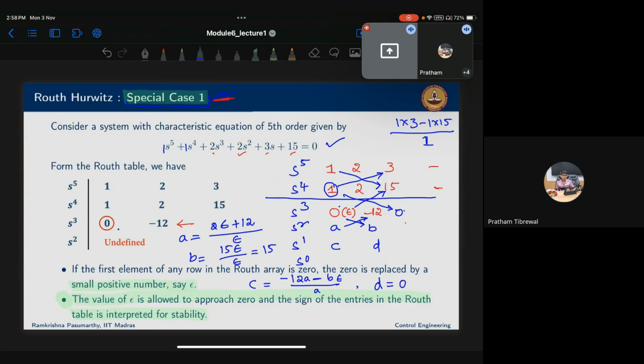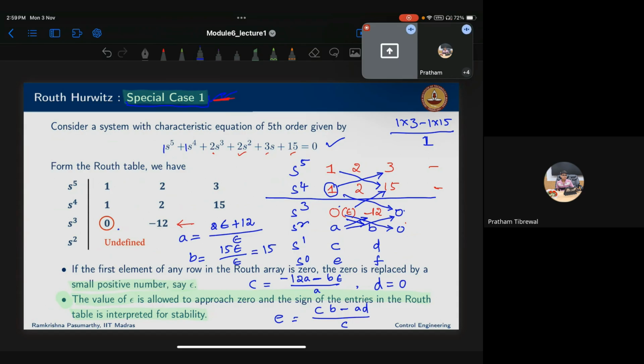It has to calculate this. So C is zero. All the way it comes zero only. Now let us say this is E. This is F. What is E? So E is CB minus AD upon C.